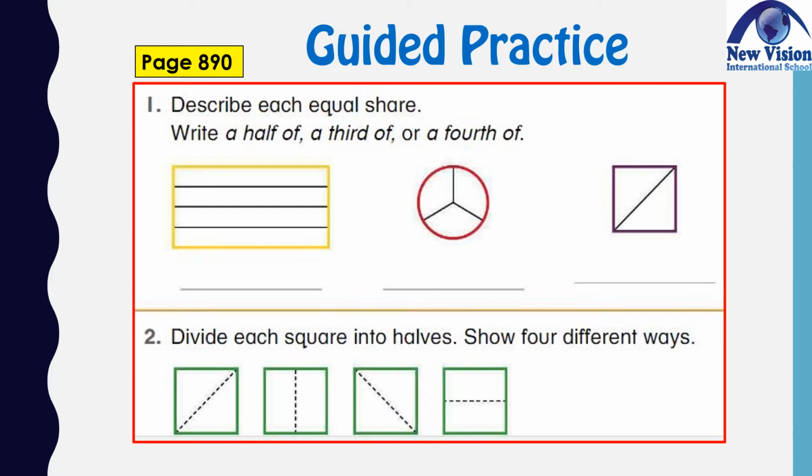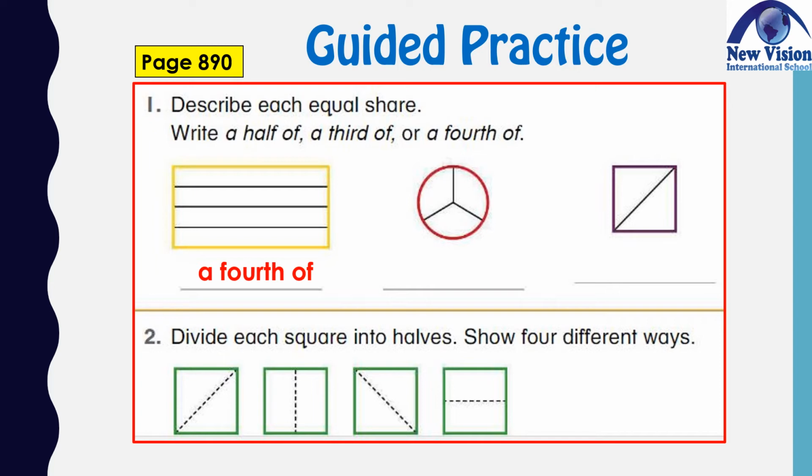For your guided practice, please open your book on page 890. Number 1. Describe each equal share. Write a half of, a third of, or a fourth of. In the first shape, it has 4 equal shares, so each share is a fourth of the rectangle.